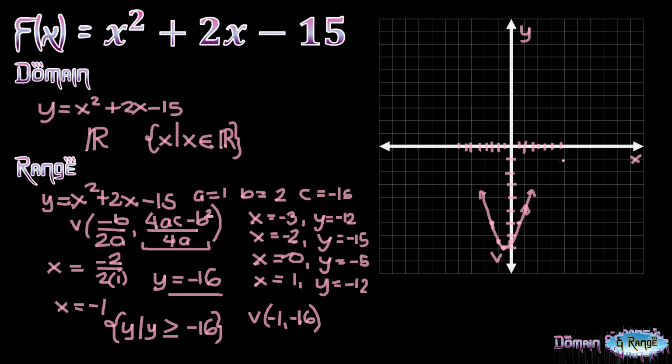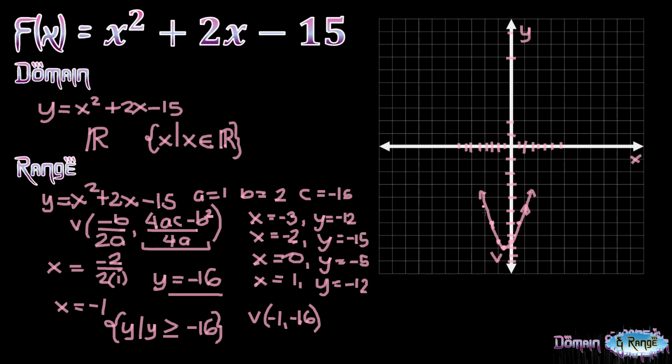But as for our range, take note of the vertical movement of y. As this goes up, all the values until positive infinity are included. And it will just have the lowest point somewhere here, because there are no values of x that will give us negative values less than negative 16. It will just end at negative 16, as this vertex is called again the point of inflection.